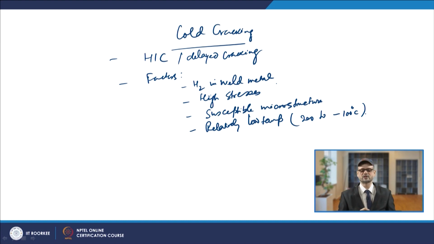Apart from the water vapor, hydrogen can come from other sources also, like corrosion reactions and chemical processing reactions. Many times it is because of purposeful additions also.